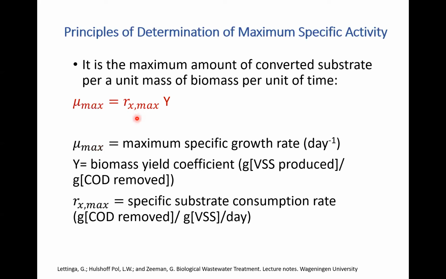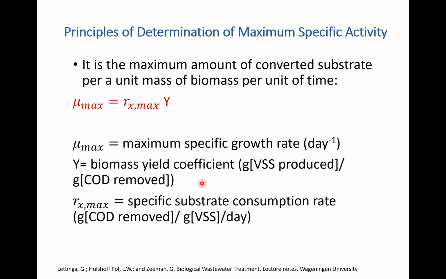So in simple form, the maximum specific growth rate equals the maximum activity times the biomass yield coefficient, which gives the maximum substrate consumption rate. The maximum specific growth rate is per day, and the biomass yield coefficient is gram VSS produced per gram COD removed.